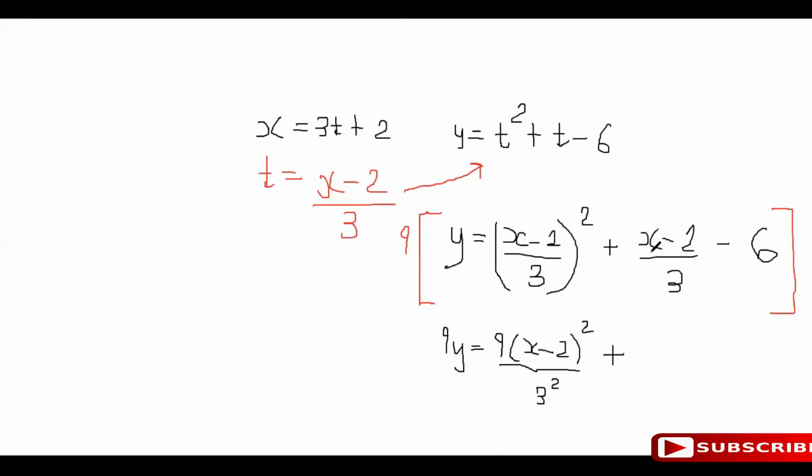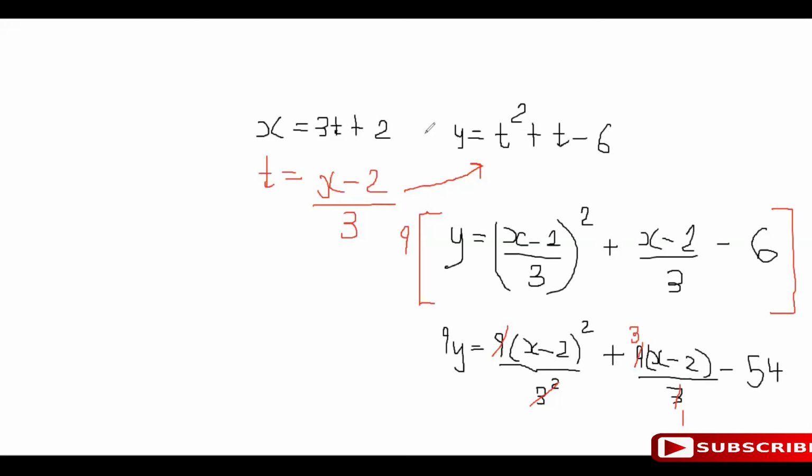Plus 9 times x minus 2 over 3, minus 9 times 6, which is negative 54. All right, so we're almost there. As we said, 9 over 3 squared cancels. 3 into itself goes 1 time. And this leaves 3 times.